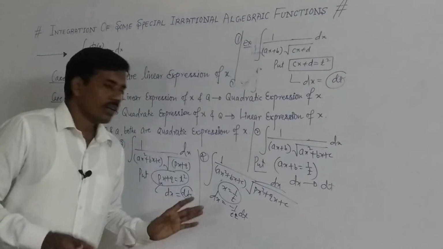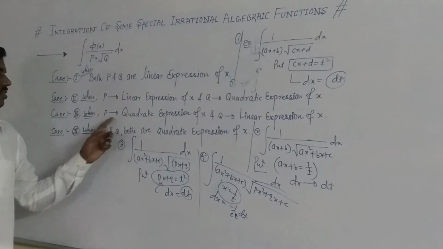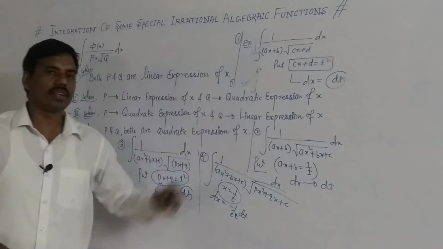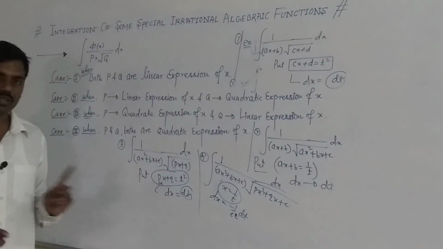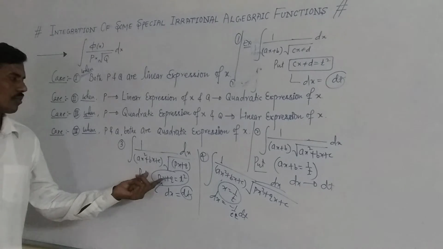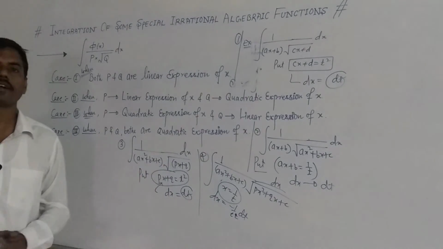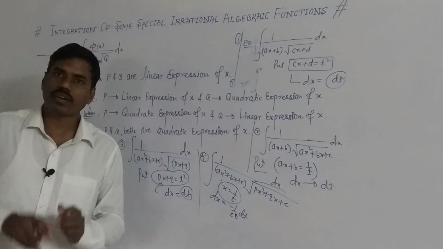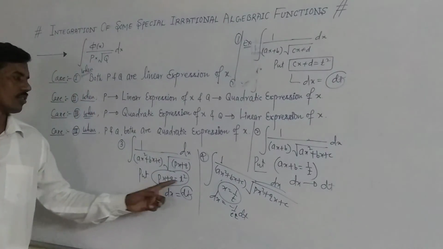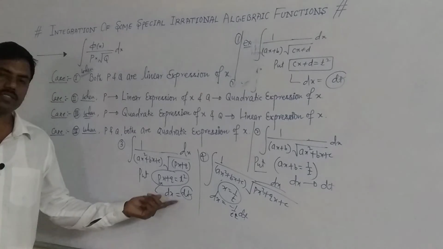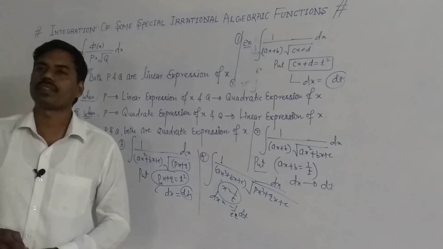In case 3, when p is quadratic and q is linear, we have to assume the linear expression which is present under the root, in the radicand, is equal to t square. After taking dx in the form of dt, we can find the integral.